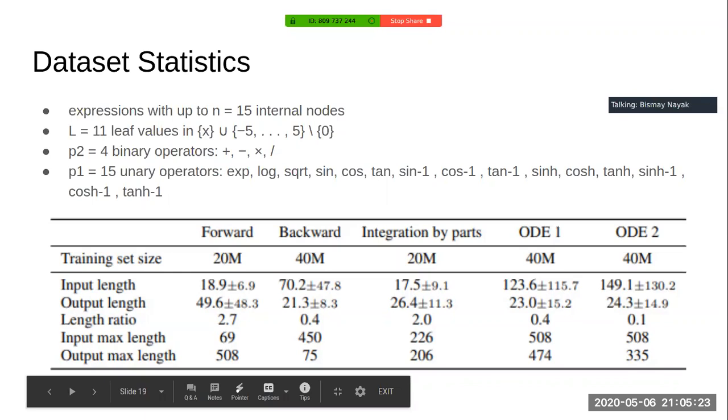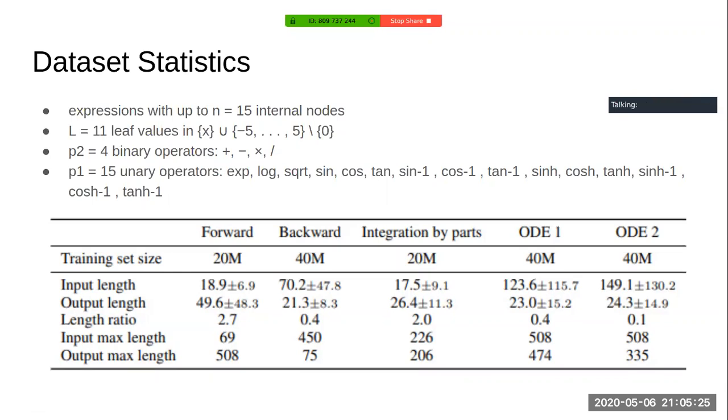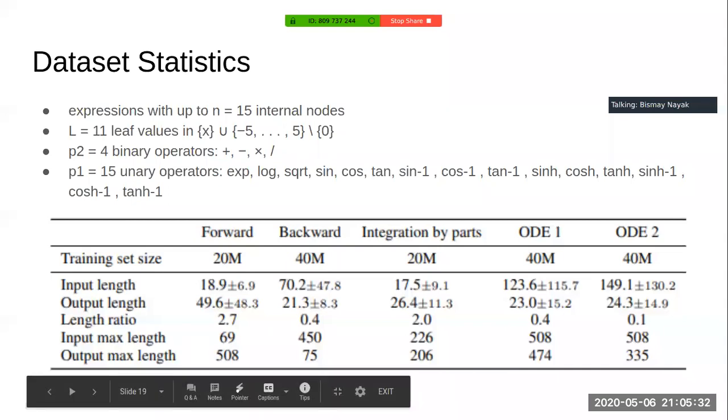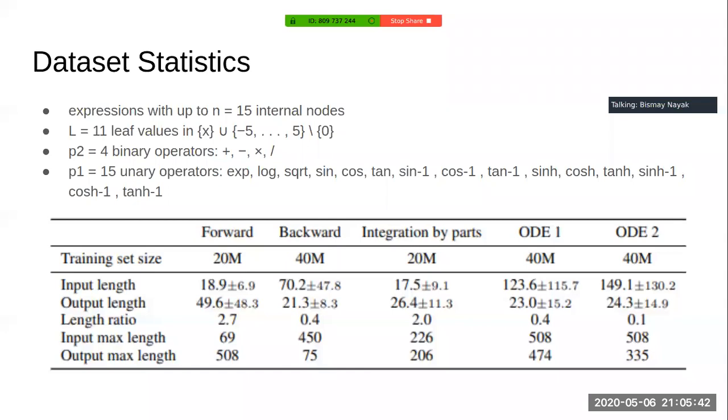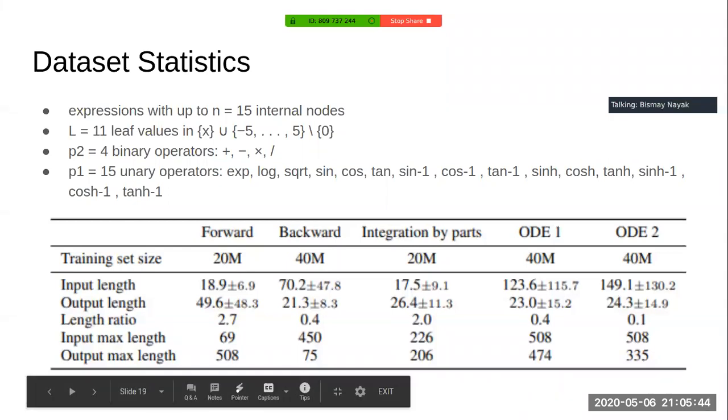In integration by parts, we were able to mitigate this problem somewhat, since we generated the output using multiple expressions. So the length of outputs were kind of longer, and their derivatives were easier to find, and they were shorter than what the output was.